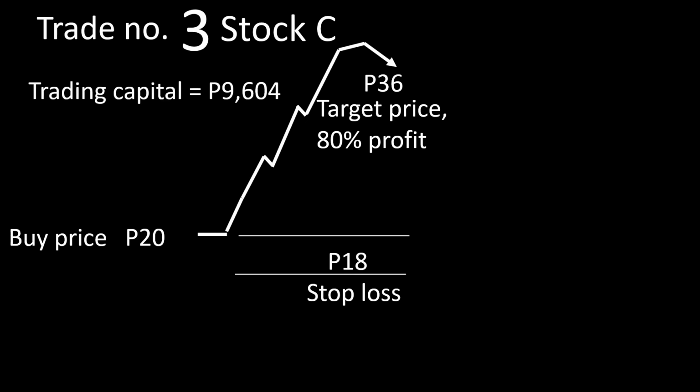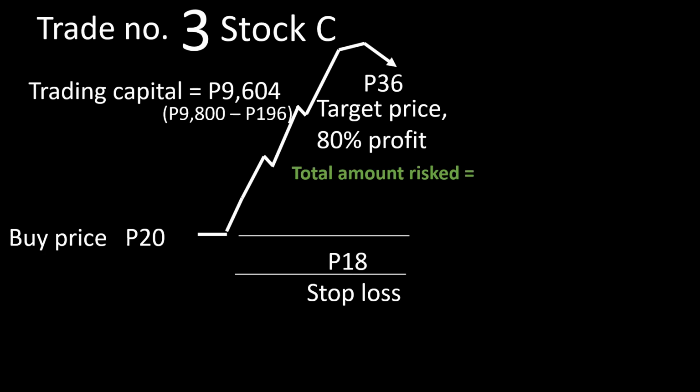Okay, so this time your remaining capital is 9,604 pesos. That's 9,800 minus 196. We got that by subtracting from your capital in trade number 2 of 9,800 the amount you lost in that trade, which is 196.